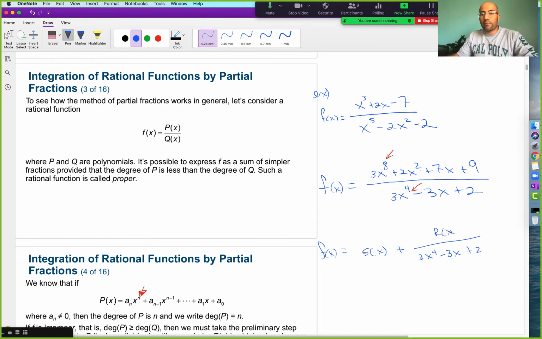This remainder will be less than degree 4, so it might have a remainder of degree 3, degree 2, degree 1, or maybe just a constant. Good? Okay, and then some other polynomial goes there once we actually divide them. Questions?